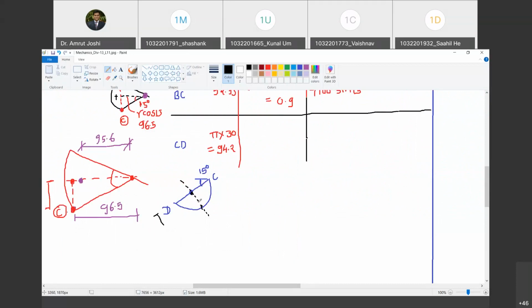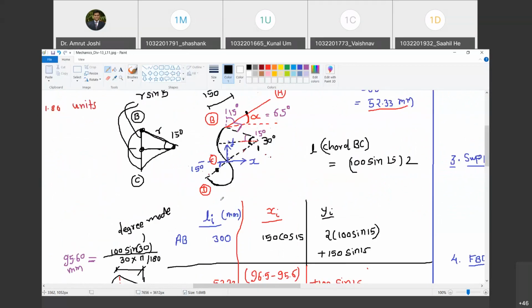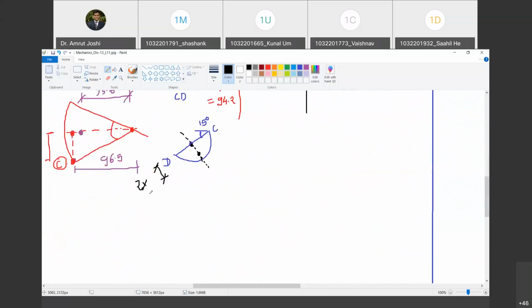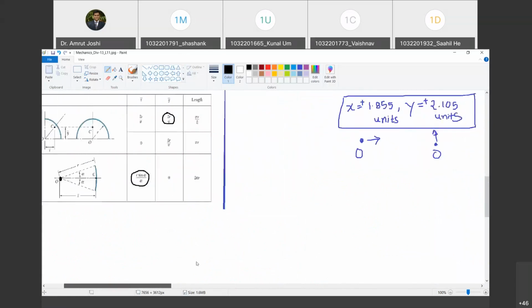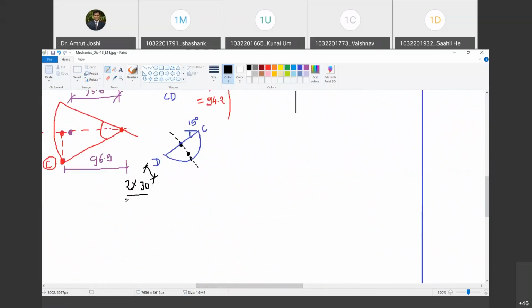So 2r by pi is the distance from this point where the centroid lies. I'm going to write it as 2 times r, and r of this is 30 mm. Look at the formula, 2r by pi. So this divided by 3.14.